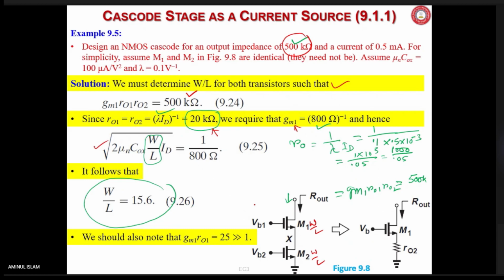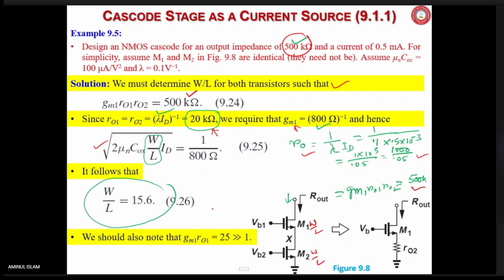Square root of twice mu n Cox W by L into ID is nothing but gm equals 1 upon 800. Is it understood? Yes, sir. If not, then you tell. See, RO I have expanded. This RO equals 1 upon lambda ID, which is nothing but this, and Rout equals gm1 RO1 RO2 equals 500 kilo ohm.